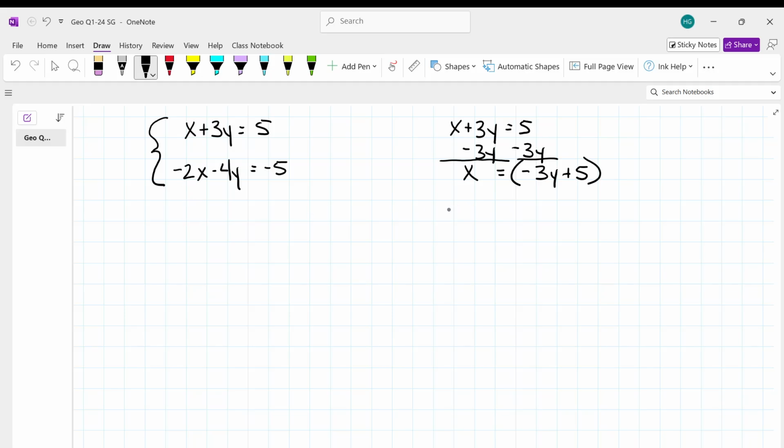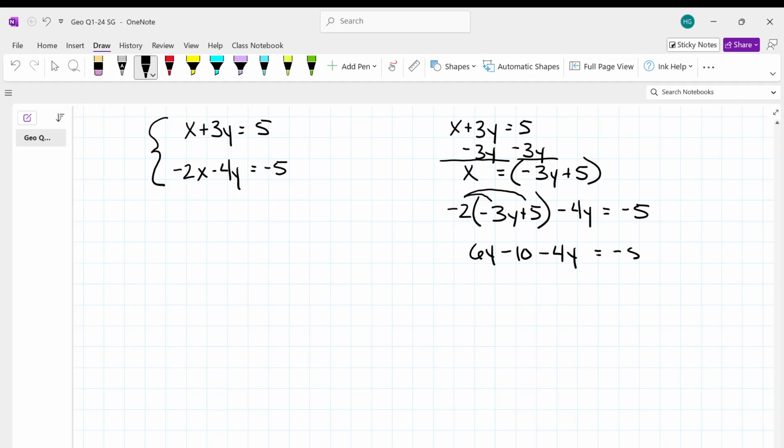So we're going to take negative 2 times what x is equal to, which is negative 3y plus 5, subtract 4y, and set it still equal to negative 5. So do the distributive property here. Negative 2 times negative 3y would be 6y minus 10 minus 4y is equal to negative 5.